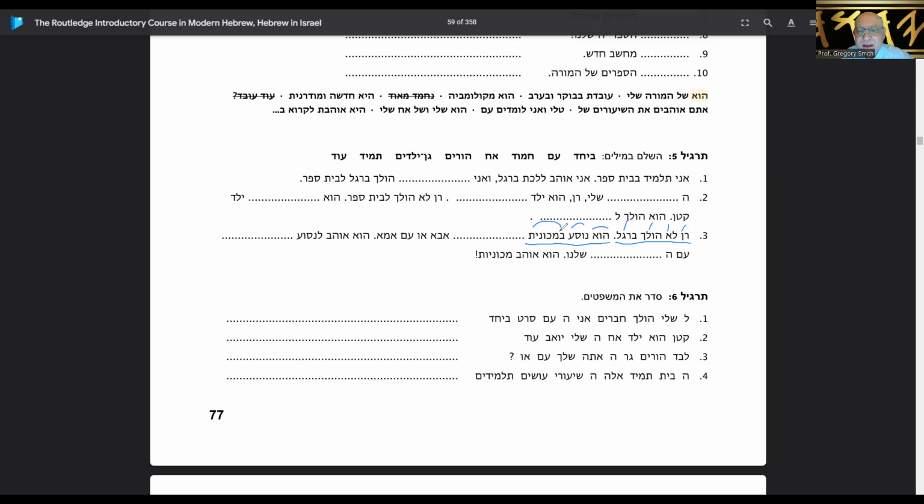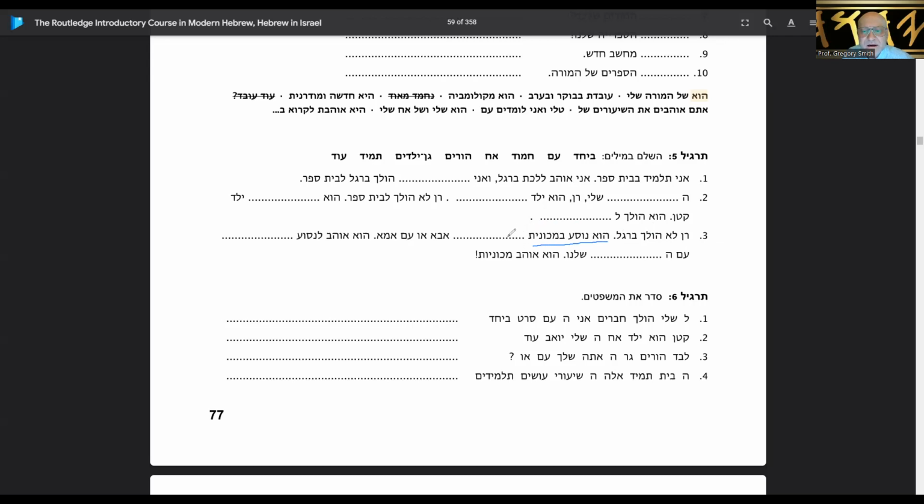Okay, so this nosea word means traveling via conveyance. It's not on foot, like beregel. You're traveling via conveyance, in other words some kind of motorized conveyance. And in this case it's bamekonit, which is a car. So hu nosea bamekonit.